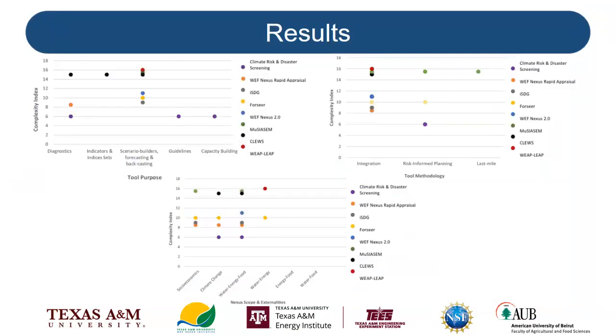Doing such a mapping helps in identifying some gaps in some of the categories of tools. As we see here, there are some gaps in last mile tools, guideline, and capacity building tools, and it gives us an indication of the level of complexity based on the criteria adopted in this study.